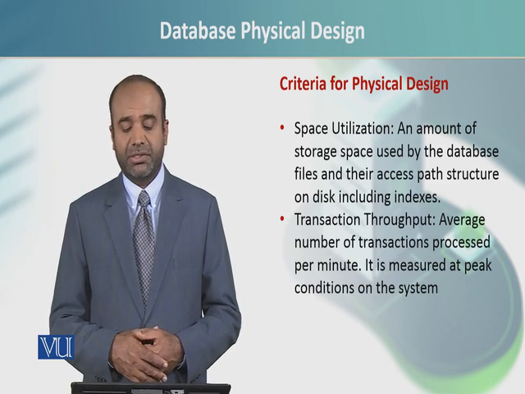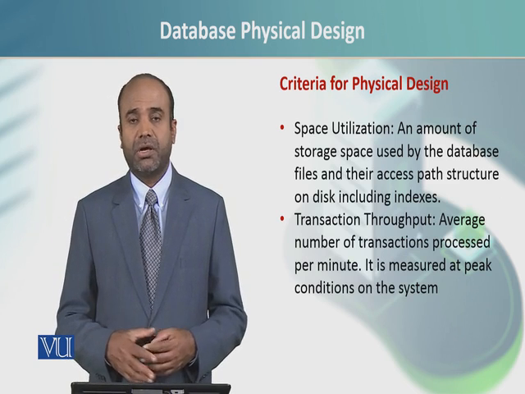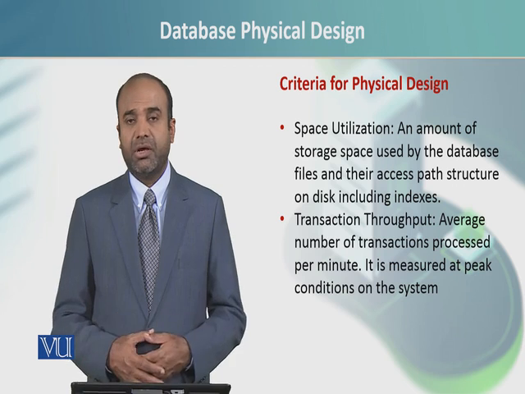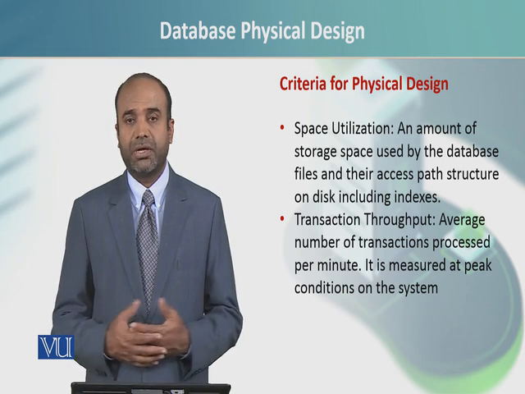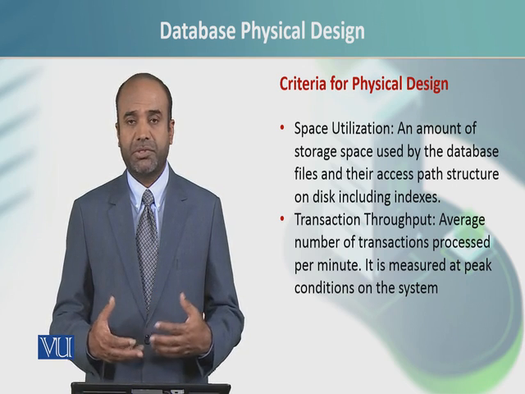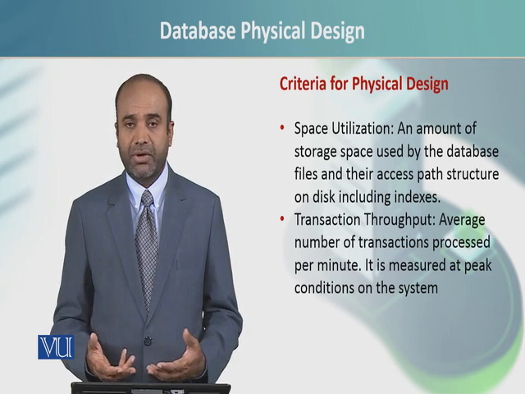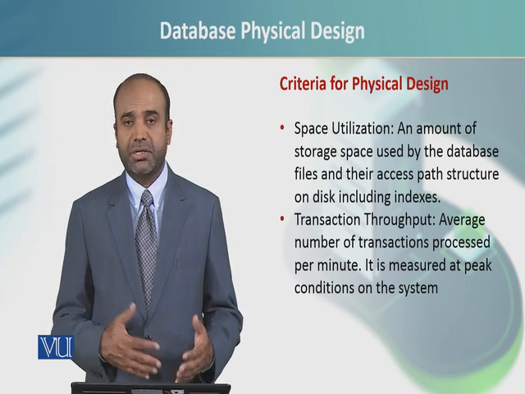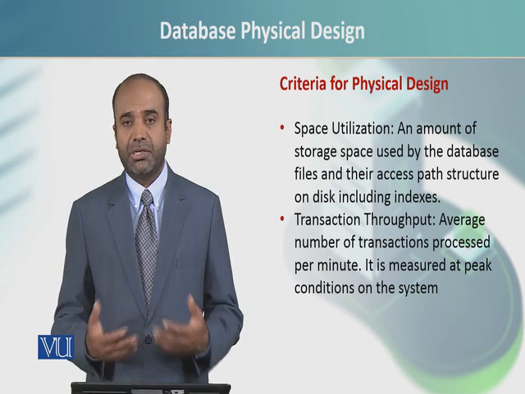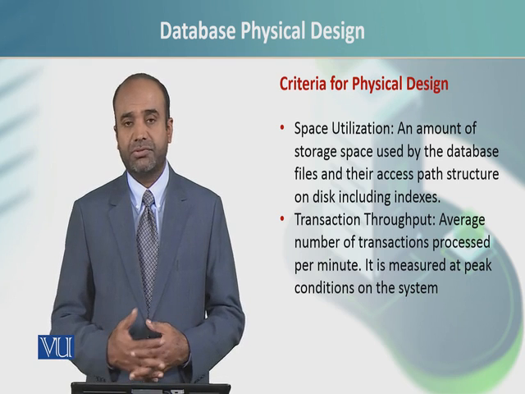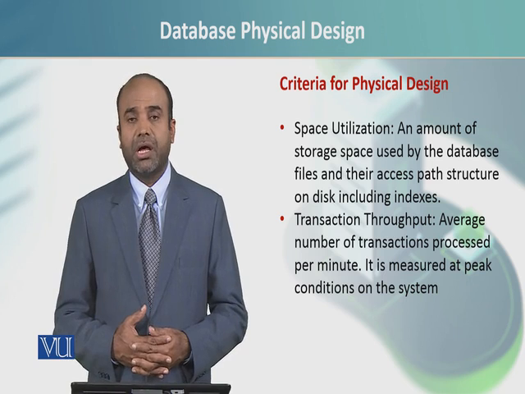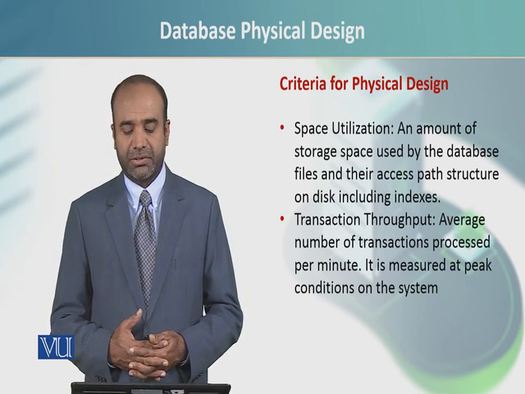Space utilization is very important: how much space is given to buffers, how much space is given to redo log files, and what exactly goes to data files and their locations, in single machines or multiple copies. These various issues related to space utilization are managed in the physical design.